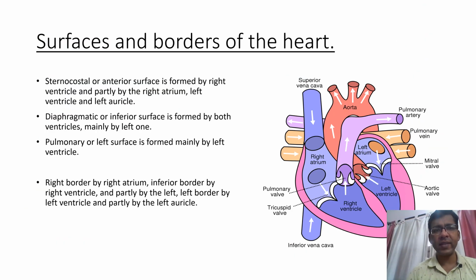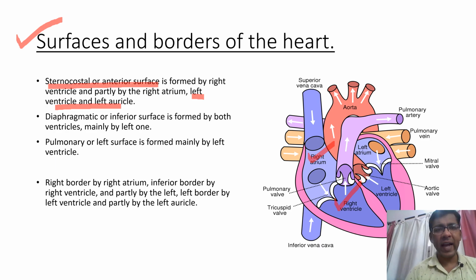Then surfaces and borders of the heart. First, the sternocostal or anterior surface. The anterior surface is formed by the right ventricle and partly by the right atrium. Anterior means front surface, as we all know, and partly by the left ventricle and left auricle.